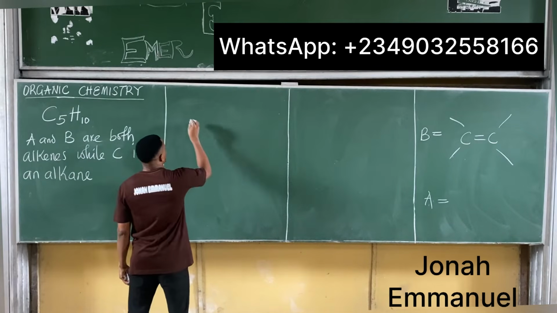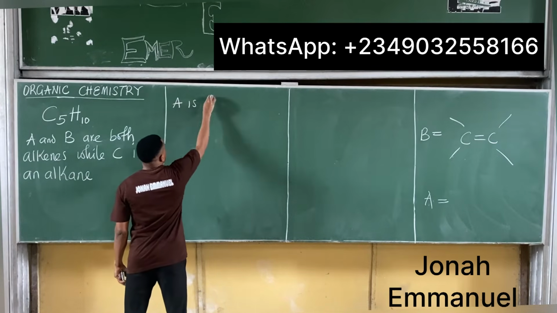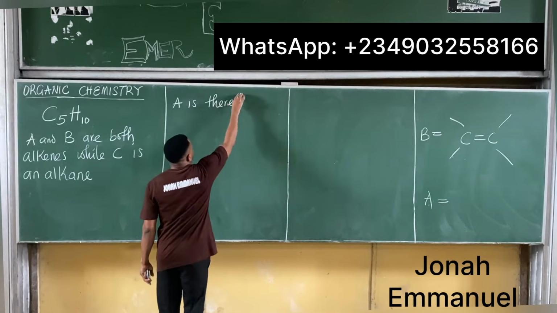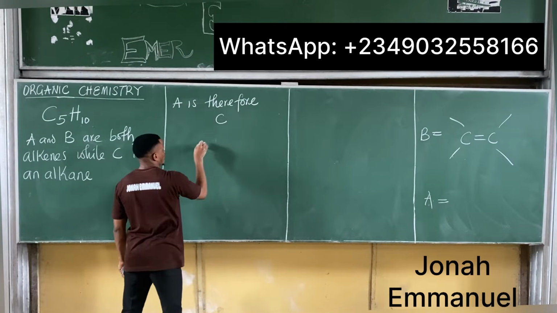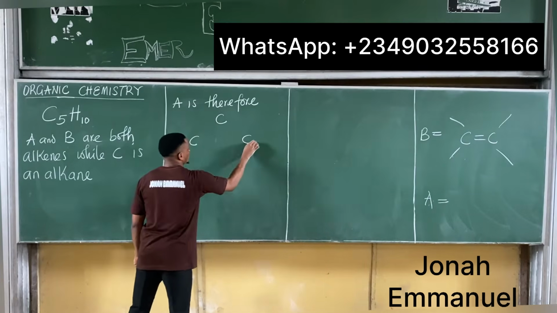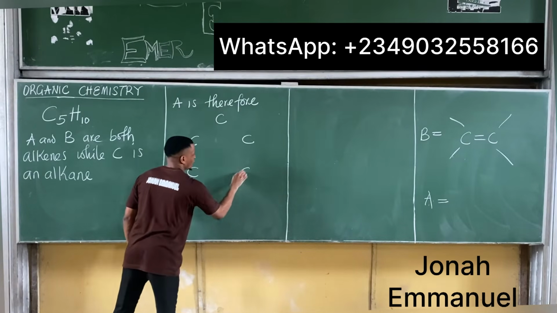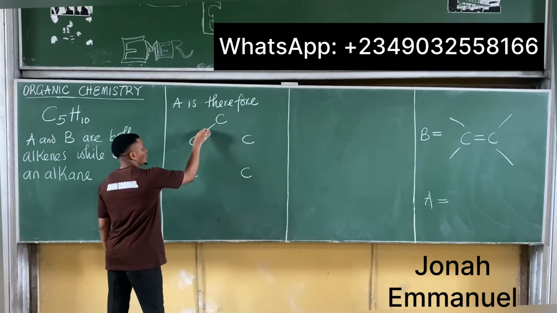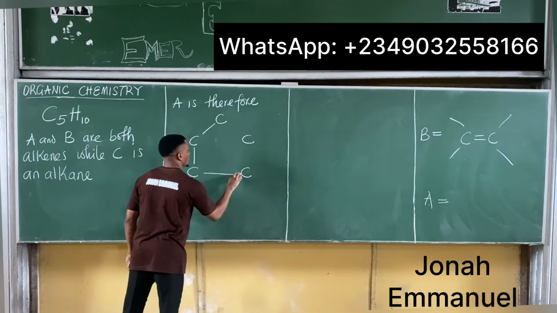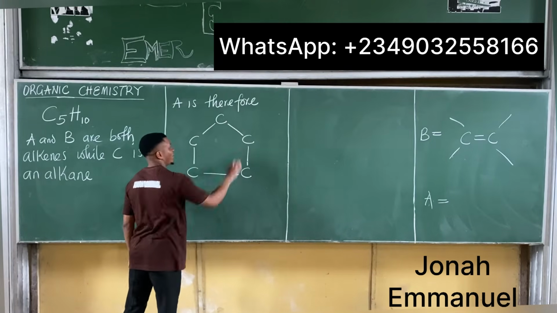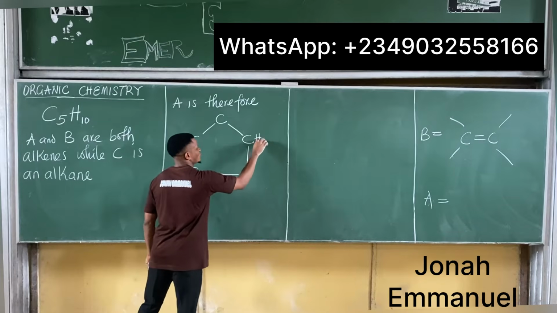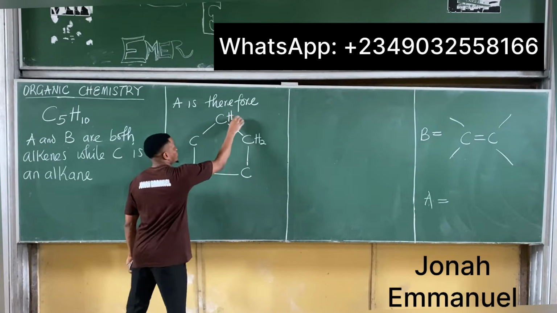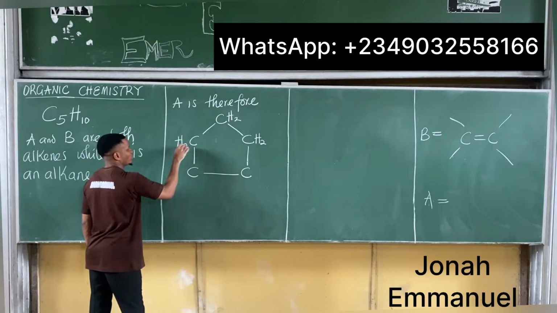So I'm having 1, 2, 3, 4, 5. That's a cyclo. Let's make an alkane: CH2, CH2, CH2.